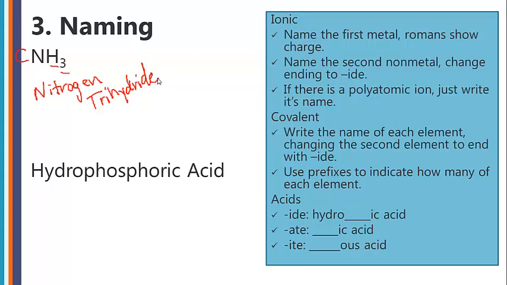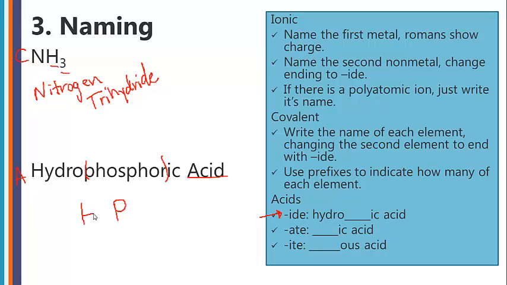Okay, next I have an acid, and I know that this is an acid because it ends with the word acid. The form that matches up to this is hydroblankic acid, which means that this middle part right here was once phosphide. So phosphide is just phosphorus.